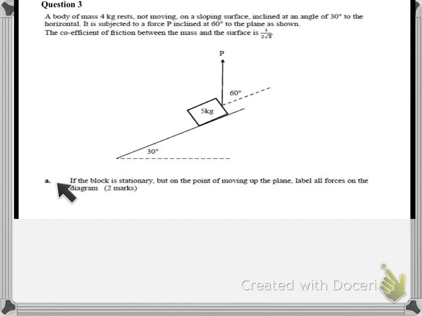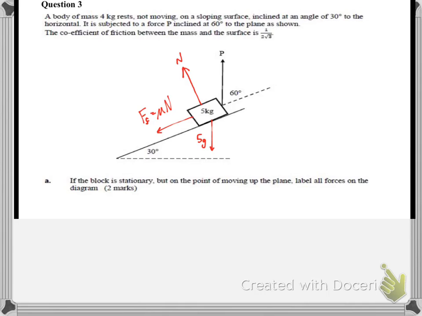Okay, so if the block is stationary, but on the point of moving up the plane, so it's at the full extent of its angle, such that if you increase the angle just a little bit more, it will start to move. So we've got a maximum static friction.